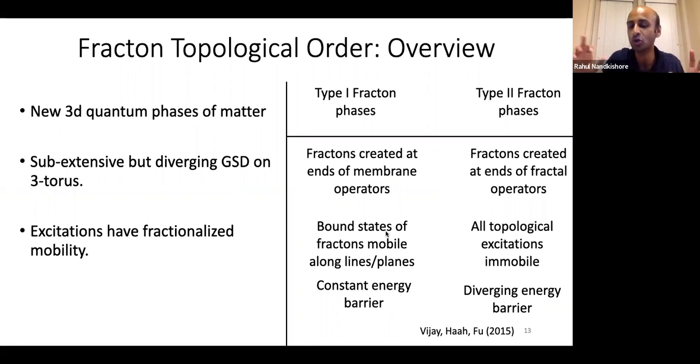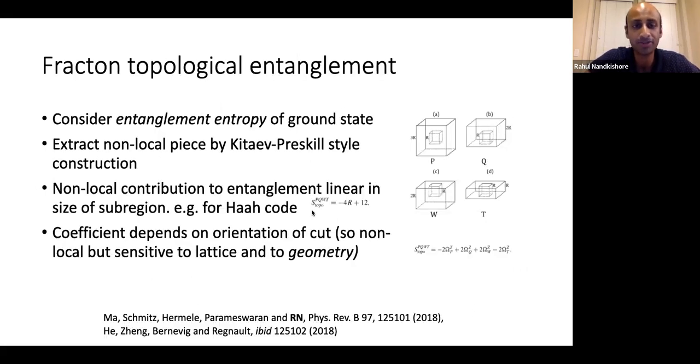Could be either at the corners of a membrane operator or at the corners of some fractal dimension operator, yeah? But they're created at the edges of some operator with dimension bigger than 1. And you can think of that as leading to the funny properties, namely the immobility of the elementary excitations under local perturbations and local Hamiltonian dynamics.